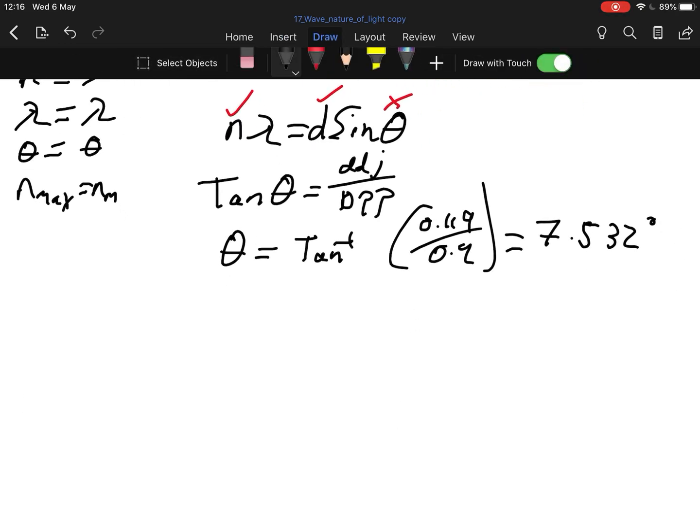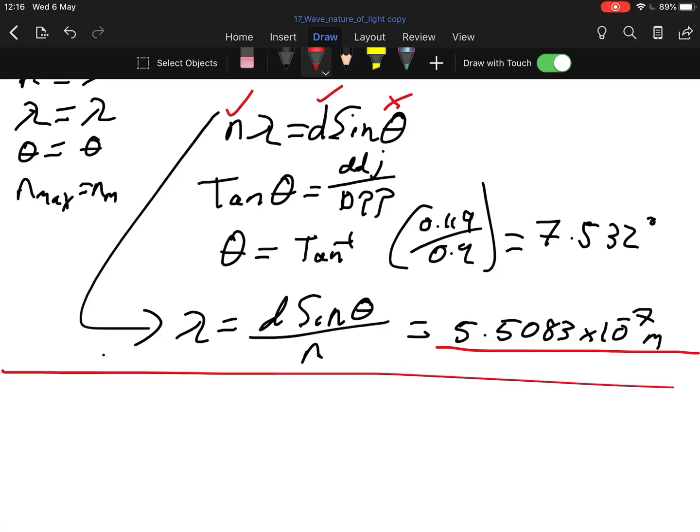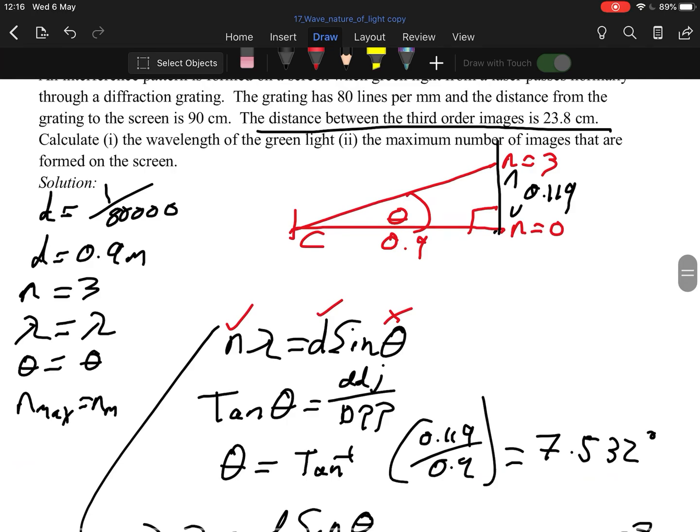So now lambda equals d sine theta over n, yes. And I ended up getting 5.5083 times 10 to the minus 7 meters. There you go. Okay. Now, that's part one.